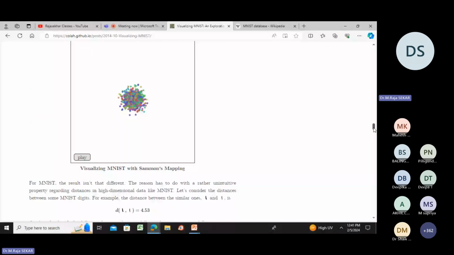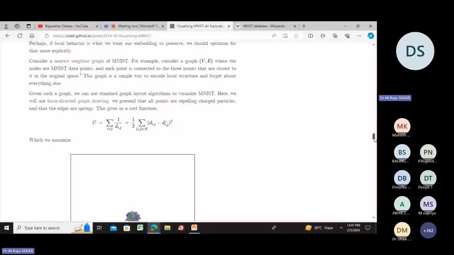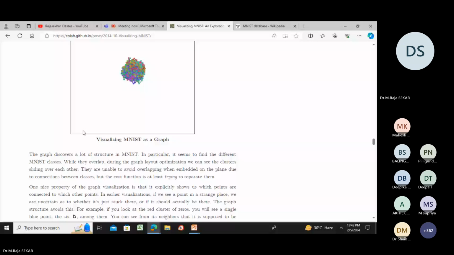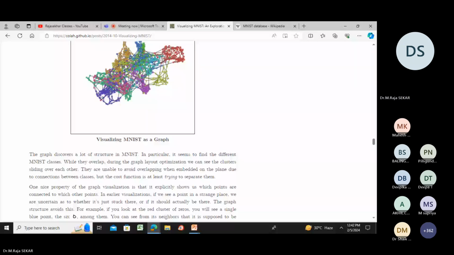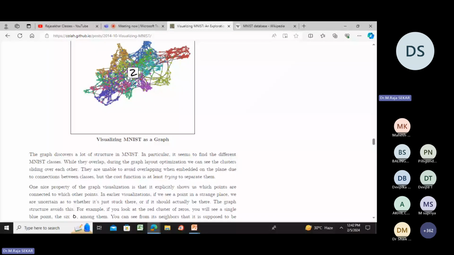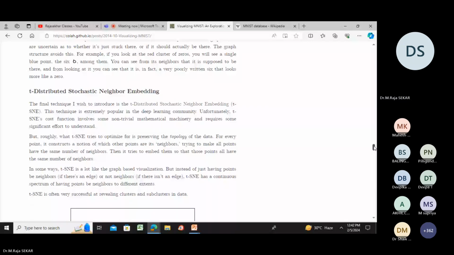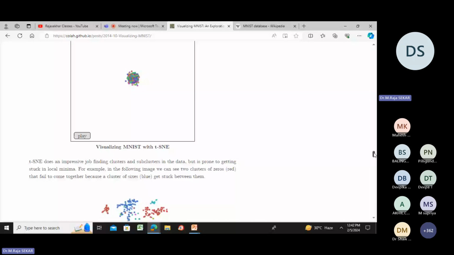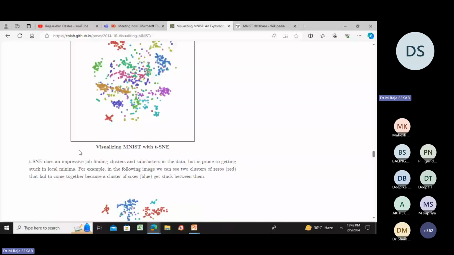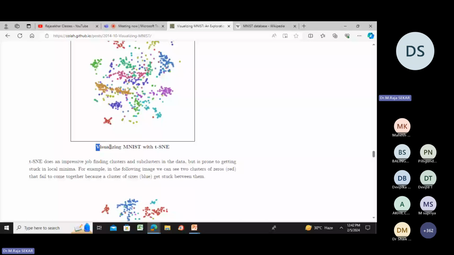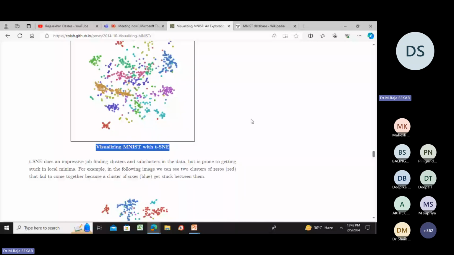I'm not discussing MDS. It will show the numbers also like this. Yes, this is t-SNE. What is t-SNE? I will discuss. I request all of you to compare visualizing MNIST with t-SNE as well as PCA.